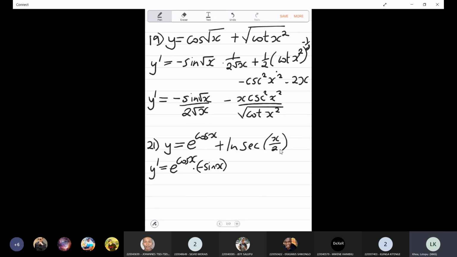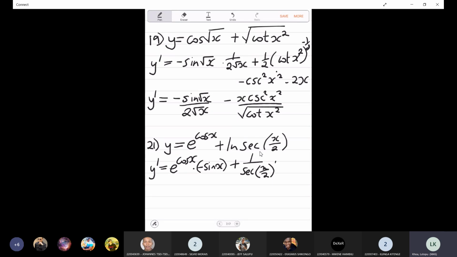Then the second term, this is ln. The derivative of ln is 1 over sec. Remember, 1 over sec is just cos. So this is 1 over sec x over 2.